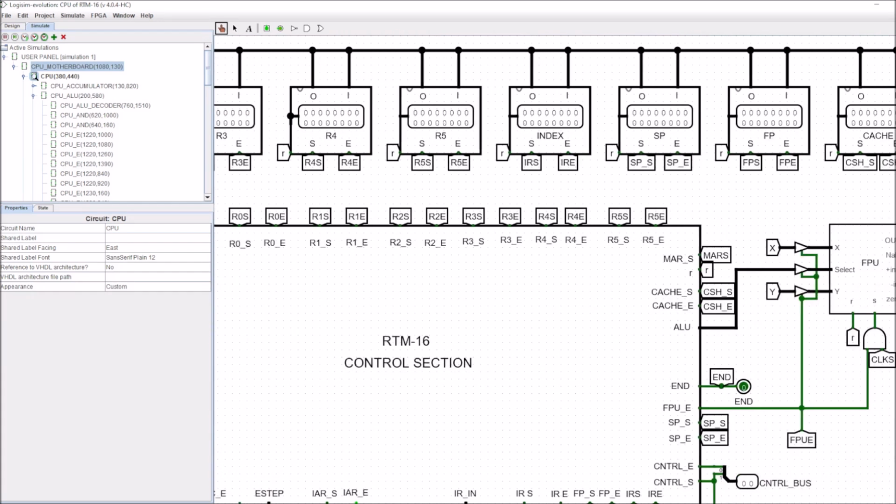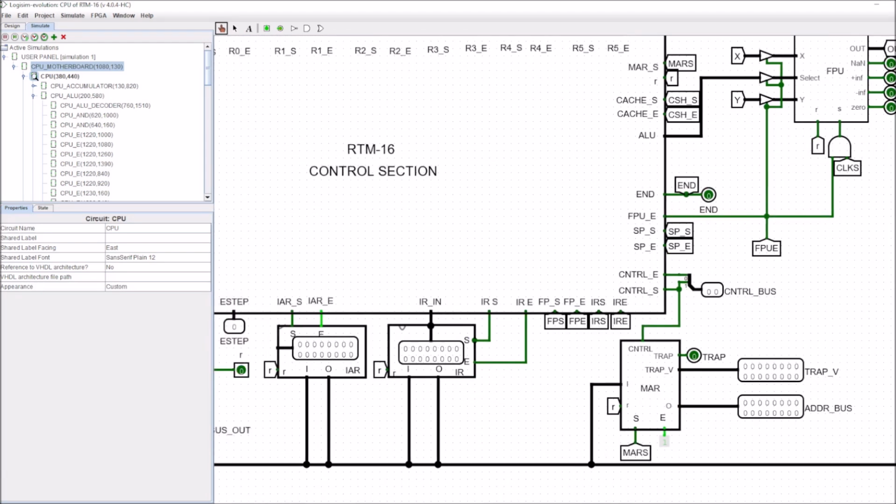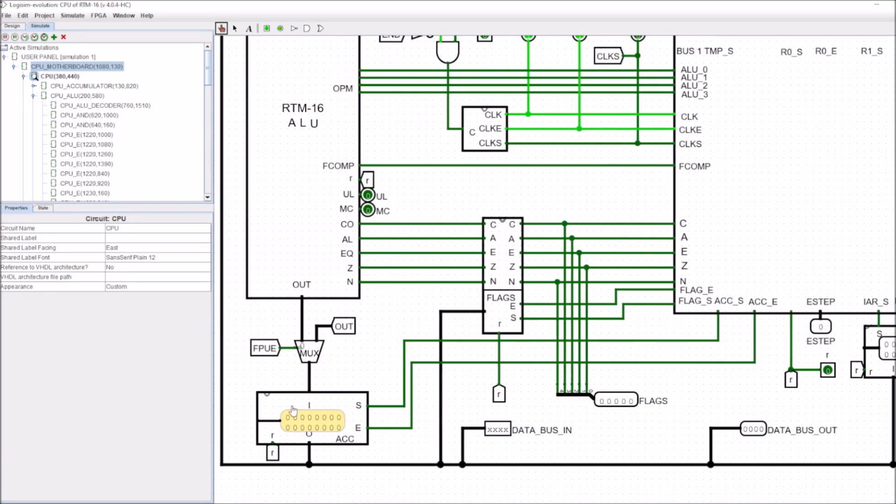So the floating point unit is then going to, at some point, be clocked, but the floating point unit will be selected here by FPU, and the output will appear here. So whenever the output appears there, it is just fed straight into the accumulator via this mux.